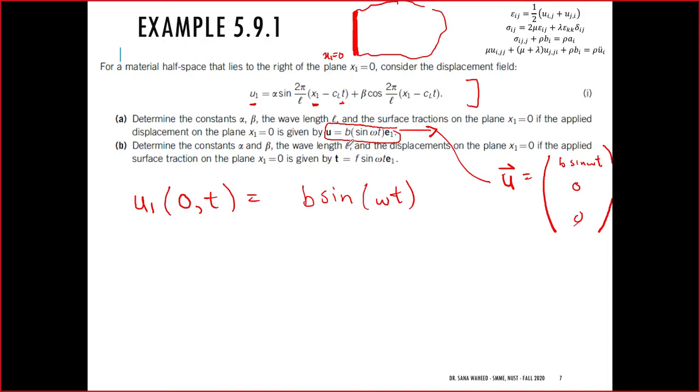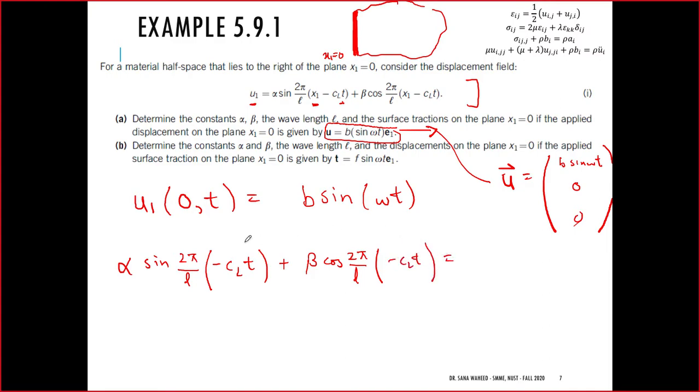So let's just substitute x1 is equal to 0 to find what u1 should have been. We see that it becomes alpha sine 2 pi divided by L, x1 is 0 now, so minus C_L t, plus beta cos again 2 pi divided by L, again x1 is 0, so minus C_L t.